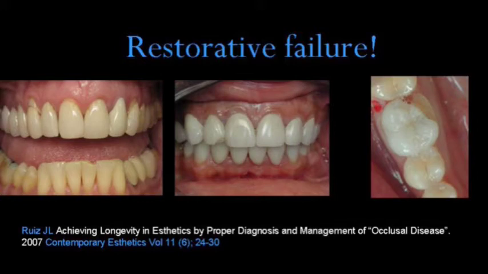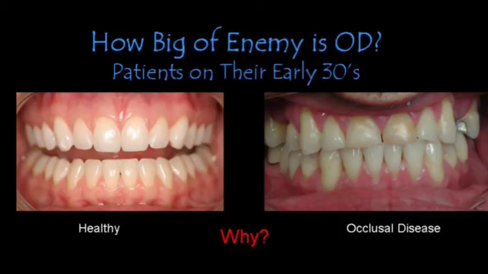There is no doubt that the #1 reason why our restorations fail, whether it is because of fracture, breaking, or even post-op sensitivity, is due to occlusal disease. So it is indispensable for us to manage this problem and to educate our patients so they are aware that they have this condition.